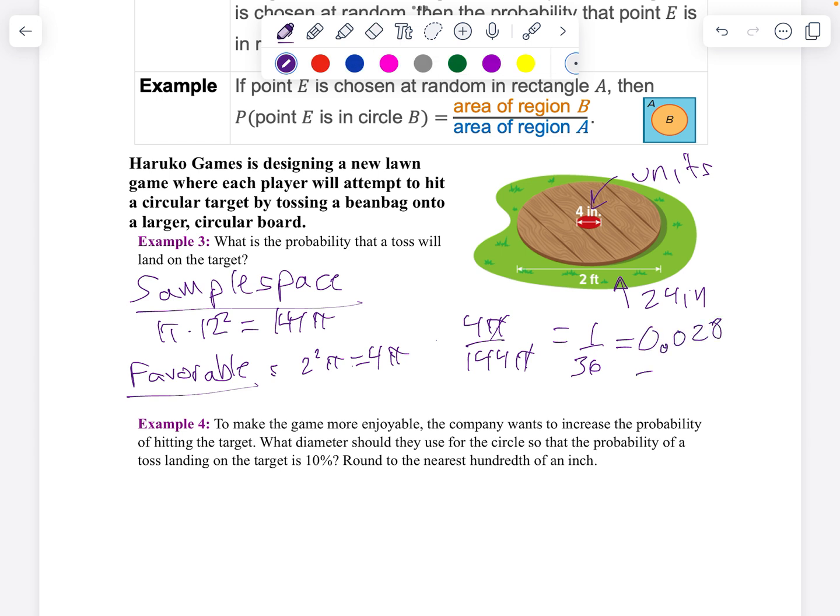Or 2.8%. You don't have a very big probability of hitting the target, do you? Because it's kind of a big board. My wooden board is pretty big compared to what I'm hitting in the hole.